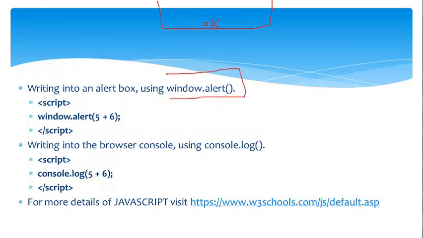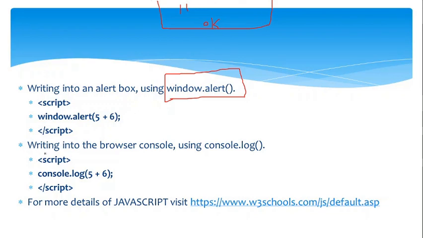You can go and watch the video. For window.alert 5 plus 6, whatever the result will be there will be displayed here, like 11 on the top of the screen. Whenever you get it, it will display the result and click OK. So we will get the alert box whenever we write like this.